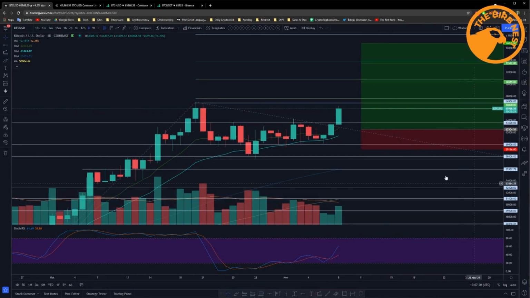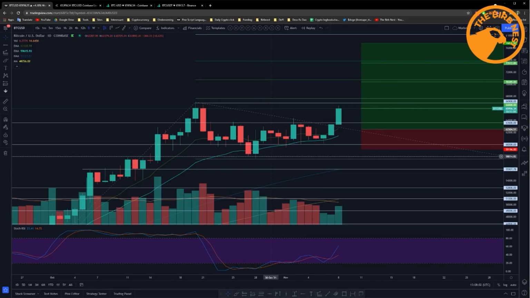So I posted this call in the Birb nest because I saw a few things on Bitcoin that were pointing to accumulation and to momentum slowly building on a lower time frame, and it broke out during my night. So I woke up to a Bitcoin pump, which was absolutely perfect.